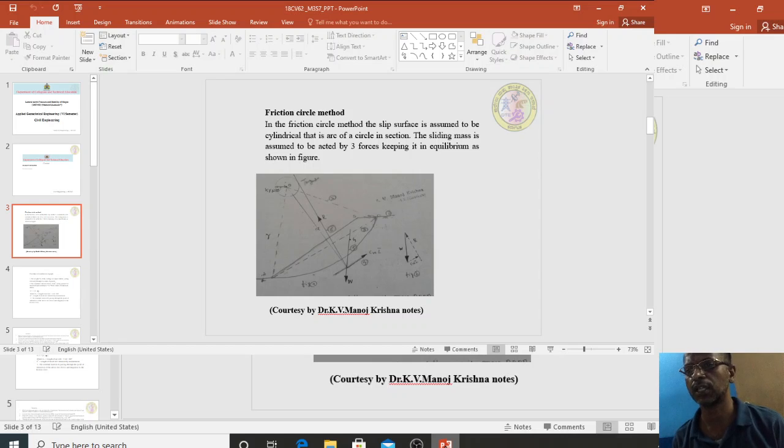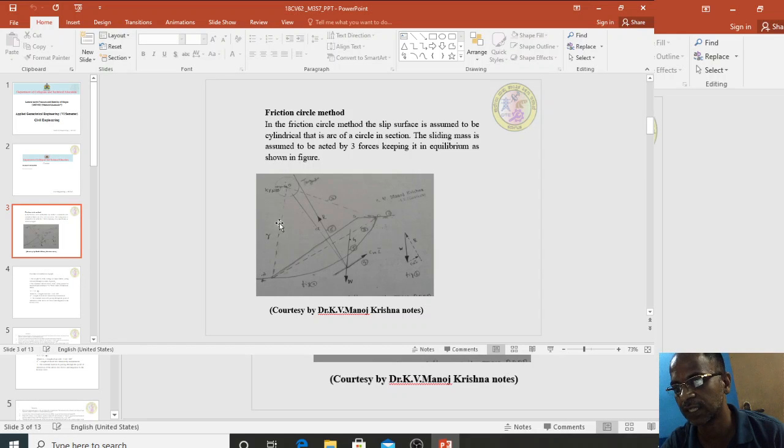So, friction circle method. In this friction circle method, the slip surface is assumed to be cylindrical, that is, it is an arc of a circle in section. The sliding mass is assumed to be acted on by three forces, keeping it in equilibrium as shown in the figure. Let A, B, D be the sliding soil mass.